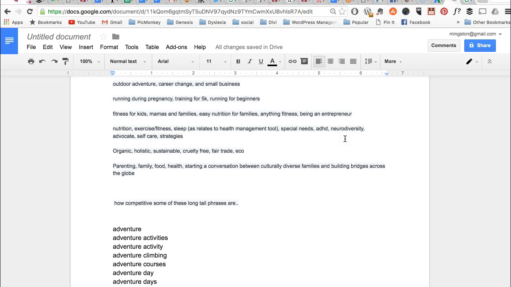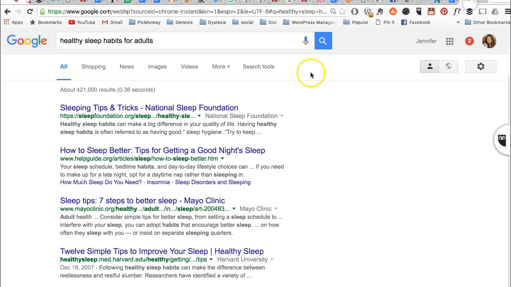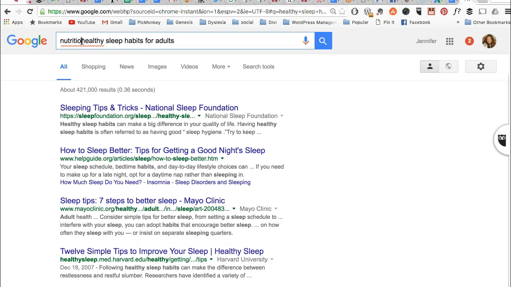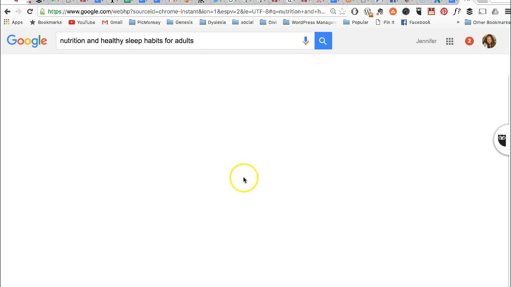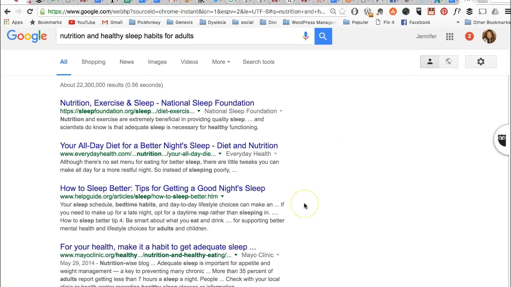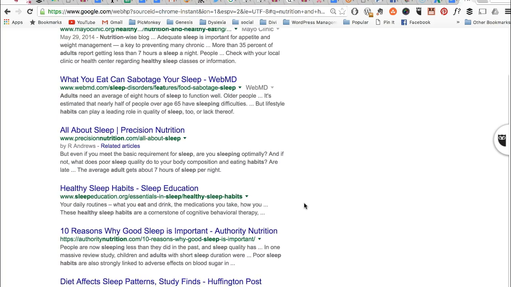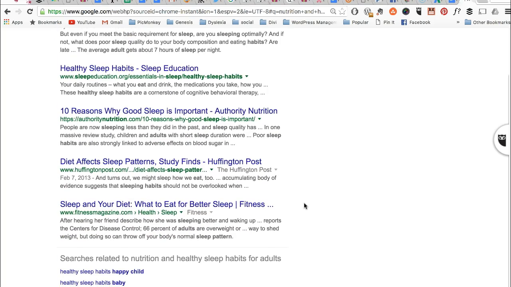So nutrition, and you can add it to it and see what happens. Nutrition and healthy. Now, probably very few people are going to search this, right? But let's look and see if we even get a result.